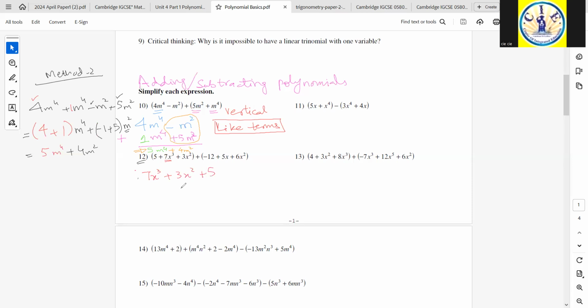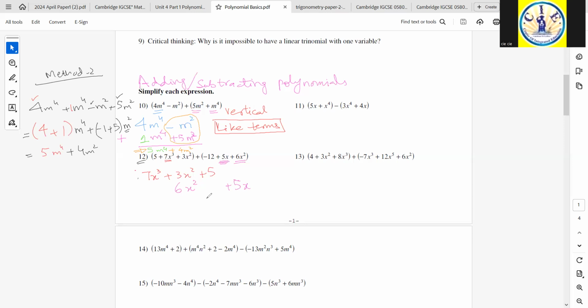And from the second one, there is no x cubed term from here. So I would just write down 6x squared under this. Then there is an additional term 5x. Let me write it in a separate column because there is no x term in the first polynomial.